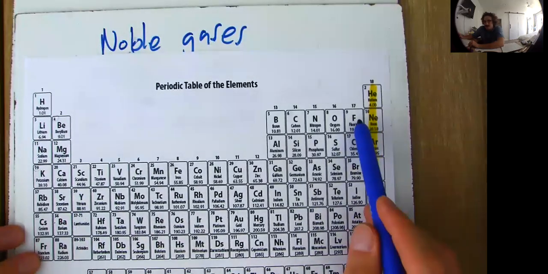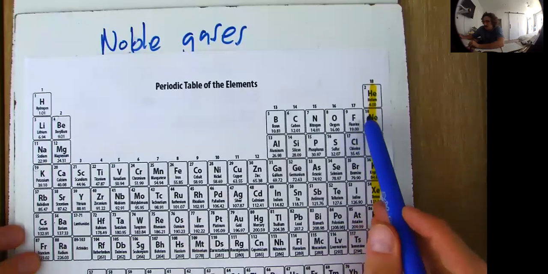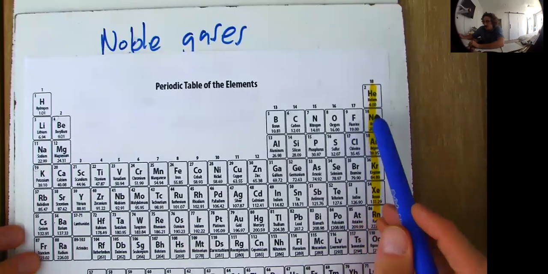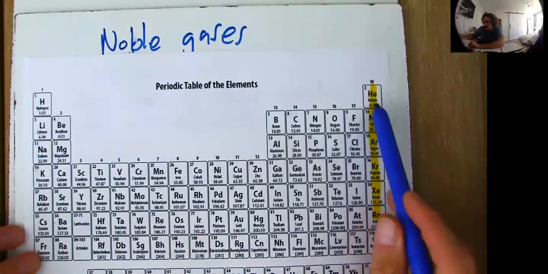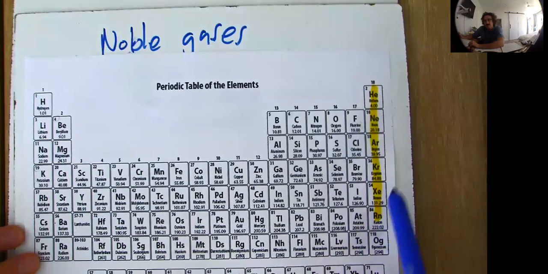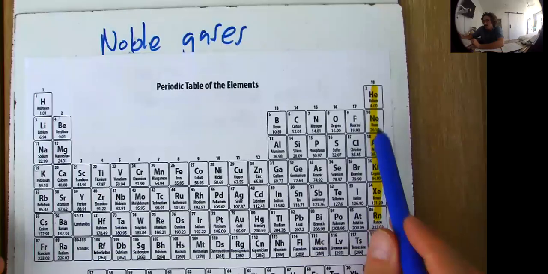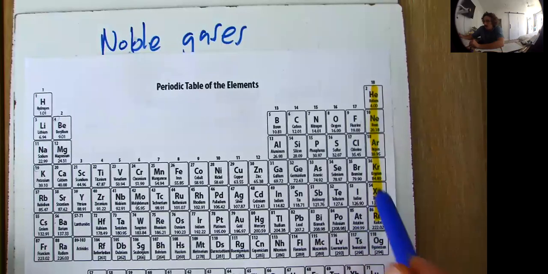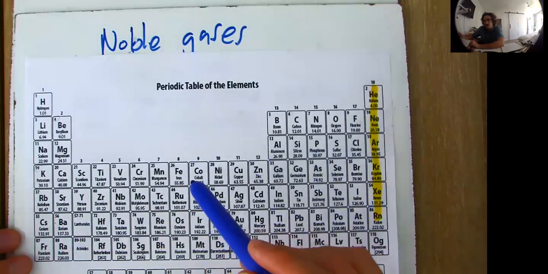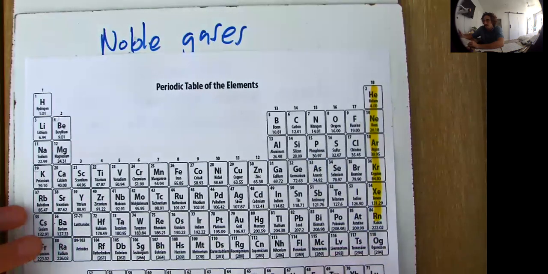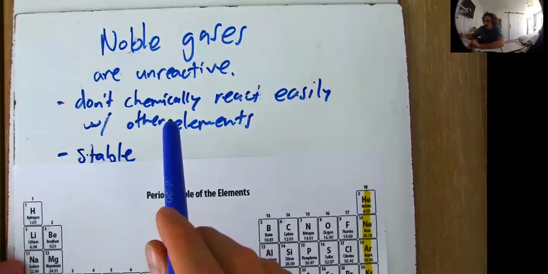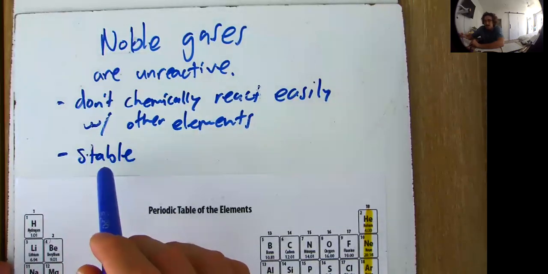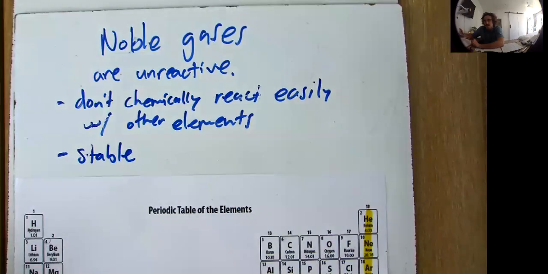Well, that kind of has an effect on all the other elements. All of the other elements want to have the same ratio of protons, neutrons, and electrons as the noble gases. They want to have a similar ratio. It's a special ratio of being stable. So what all the other elements have to do is that they have to either gain or lose their electrons in order to have this feature of stability and become more unreactive.